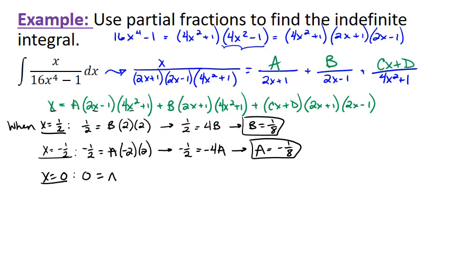When I do, I end up with a times -1 times 1 plus b times 1 plus, if I plug 0 in here, this goes away. So I'll have d times -1. All right, so here I end up with 0 is equal to -1 times a gives me a 1/8.